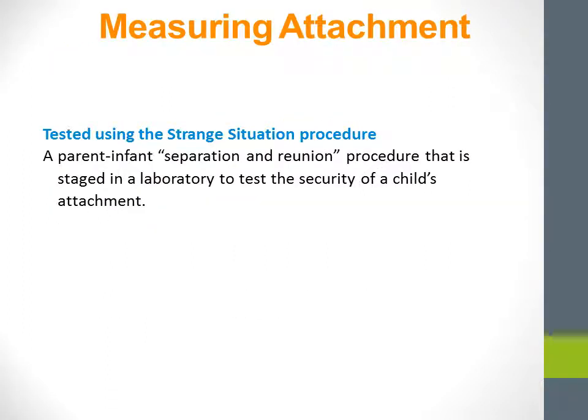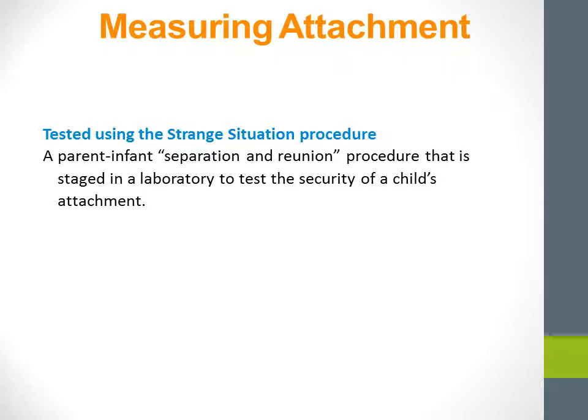In terms of measuring attachment, we measure this using a procedure called the strange situation. So I want you to watch the video of the strange situation procedure before continuing with this.